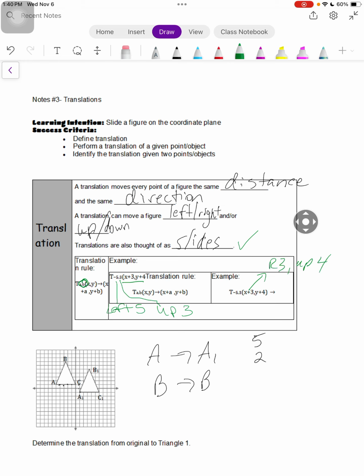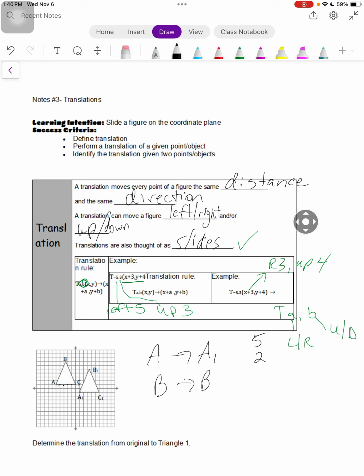So the first number tells you left and right. Second number tells you up and down. So if it's T, A, comma, B, the first one is left and right, and the second one tells you up and down. Okay? So what you want to do is match A to A or B to B, and therefore you can figure out what you're doing.